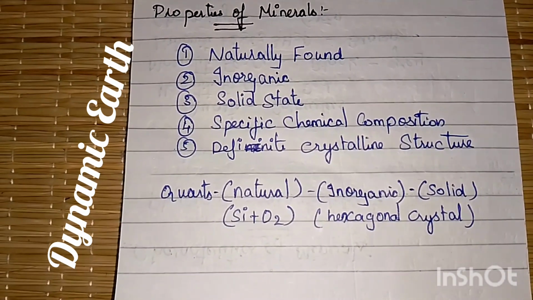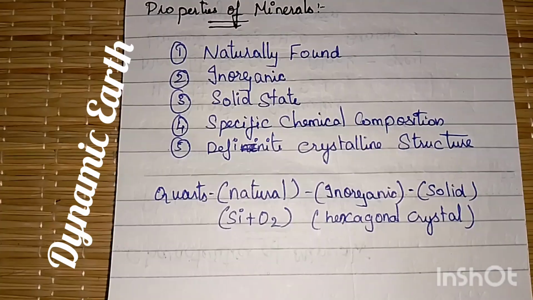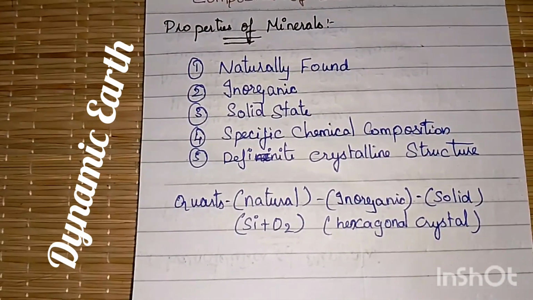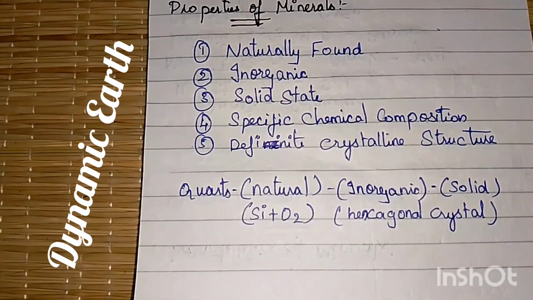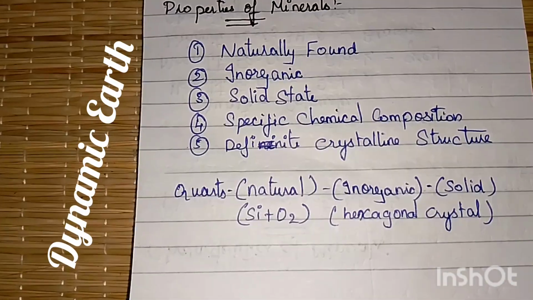For example, quartz is a naturally obtainable substance, it is inorganic, and definitely a solid substance, and the chemical formula for quartz is SiO2, and it has a hexagonal crystal structure.